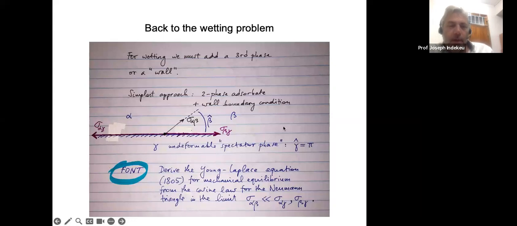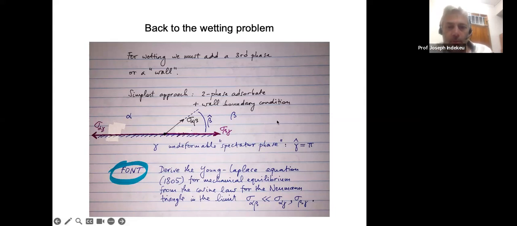Now we can ask, what about the Neumann triangle in this situation? Is this a well-defined problem? How could the Neumann triangle survive when one of the angles becomes 0? Because that's what happens when one of these dihedral angles becomes pi.